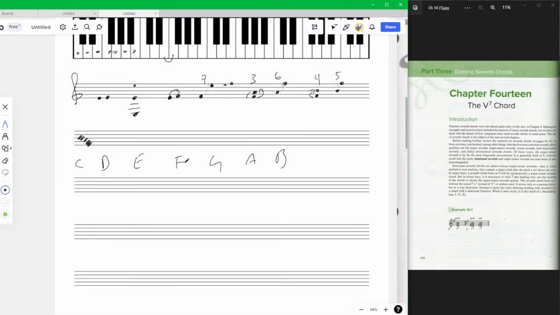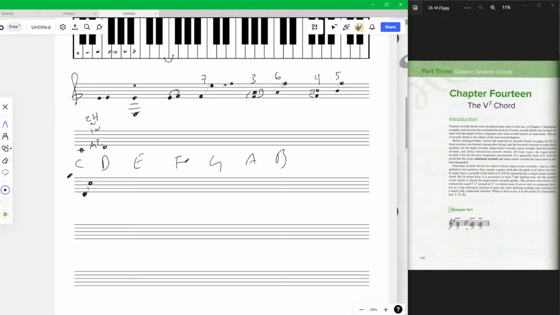Okay. C to D, 2 half steps or 1 whole step. This is a major second. What happens when we go D to C? Where's my C? Here. D to C. 1, 2, 3, 4, 5, 6, 7.